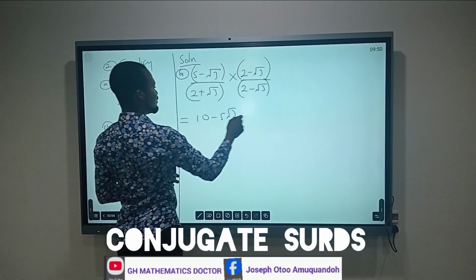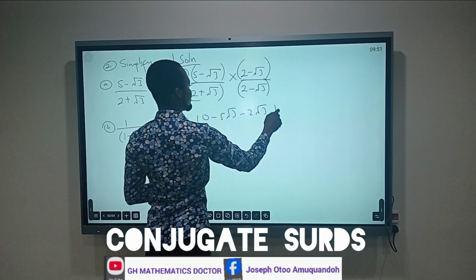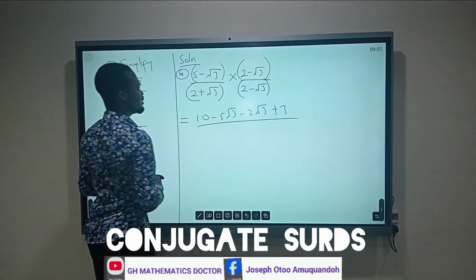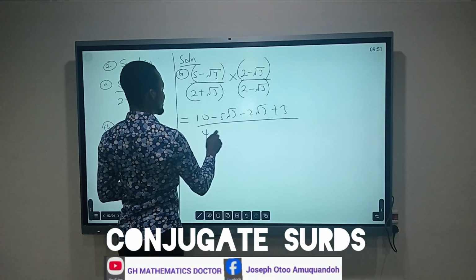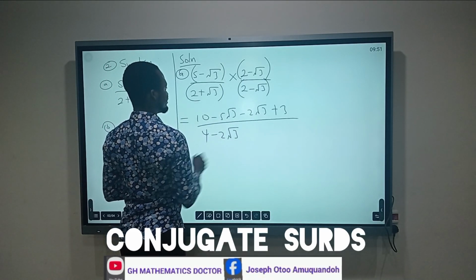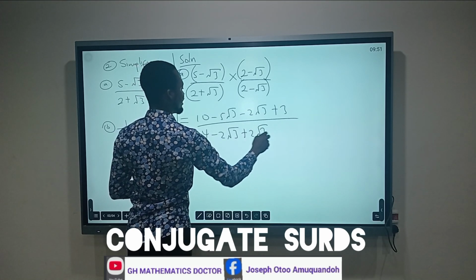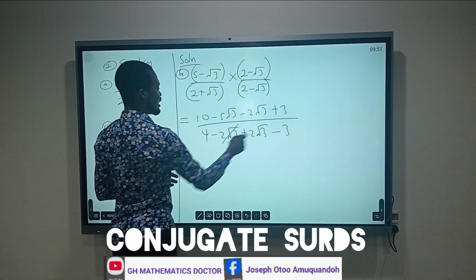Then this and this will give you negative 2 root 3, and this will give you positive 3. In the denominator, we multiply this to give you 4, this will give you negative 2 root 3, positive 2 root 3 here, and this will give you negative 3. So we cancel out these.